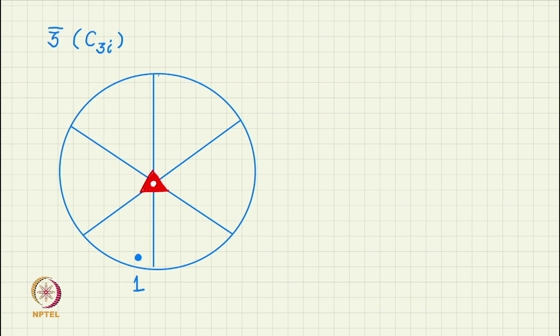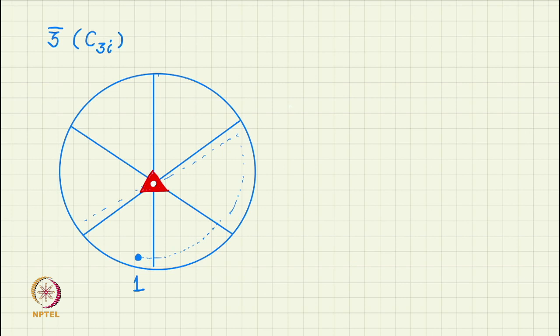So, which means now I have to rotate by 120 degree. I have to rotate counterclockwise by 120 degree. I arrive here, but the operation is not complete because this is a threefold roto-inversion. So, after reaching there, I have to invert it in the axis to come here. The rotation part did not change the handedness, but the inversion part will change the handedness.